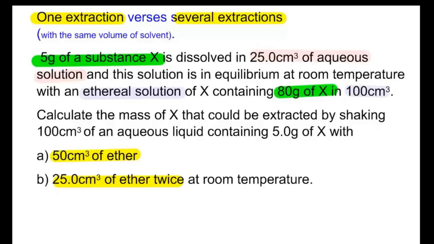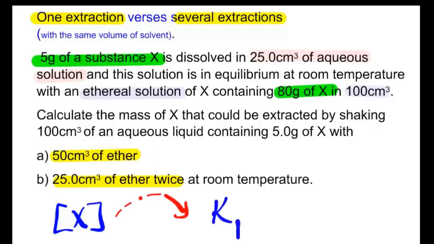And we've been given the masses of X present in those two separate layers at equilibrium. 5 grams of X in the water layer, or aqueous layer, and 80 grams of X in the ether layer. From this we'll be able to get the concentrations of X in the two layers, from which we can get the partition coefficient, KPC. Then when we've got the partition coefficient we can begin to work on parts A and B.